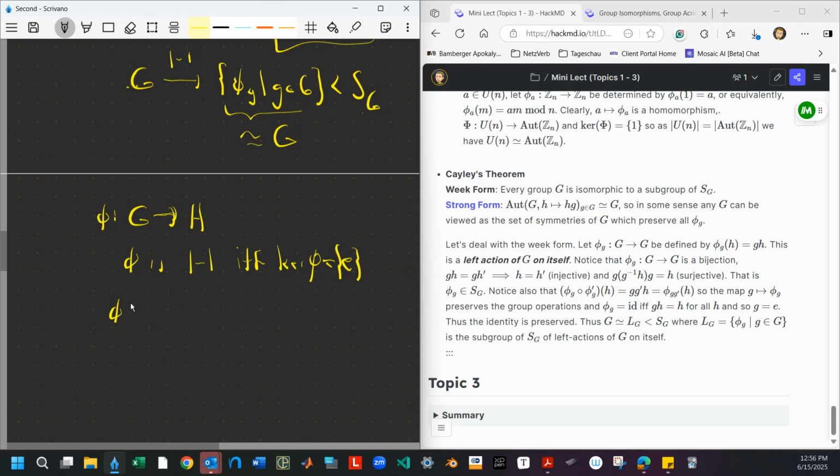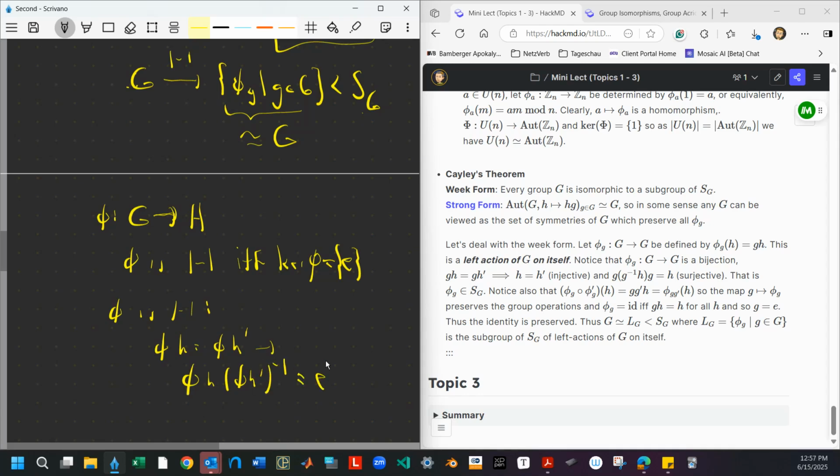So let's say phi is one-to-one, and we'll do both directions of this. Then I have that phi of h equals phi of h prime implies that phi of h times h prime inverse is e.